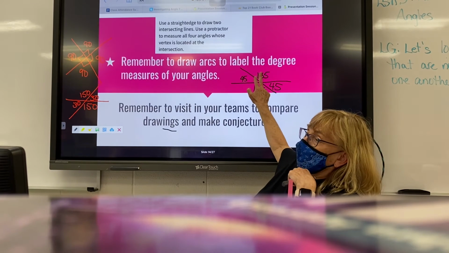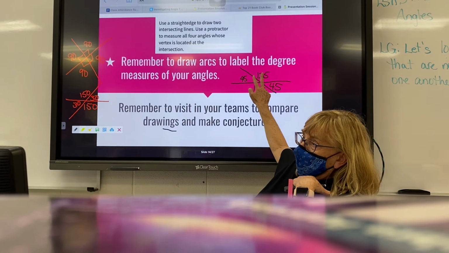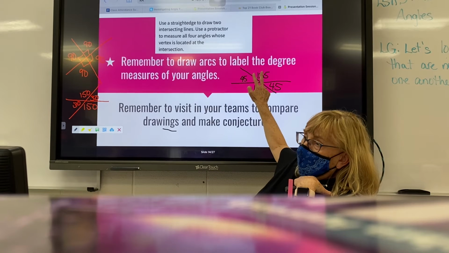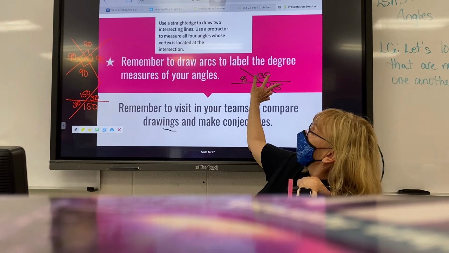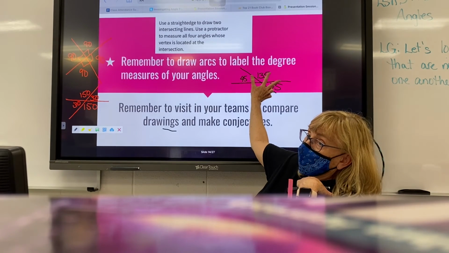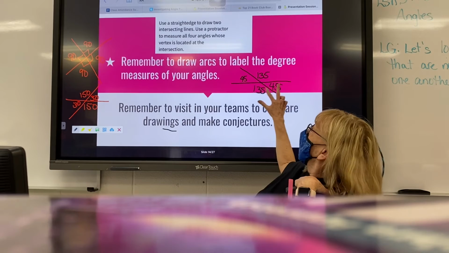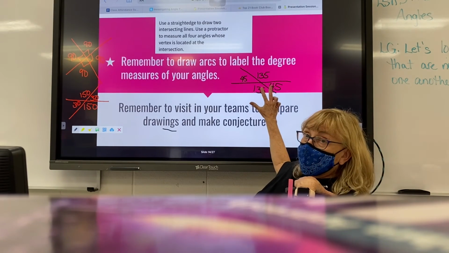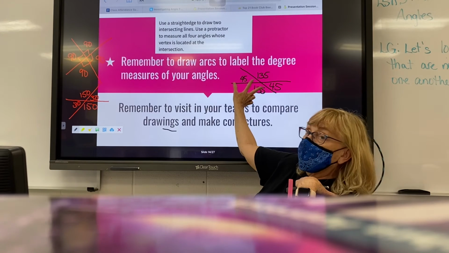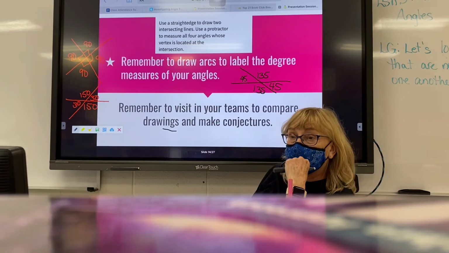What can you tell me about those two angles? They will both add up to 180. So they are called supplementary. What can you tell me about these two angles? They're supplementary. And these two? They're supplementary. Okay, so adjacent angles are all supplementary.